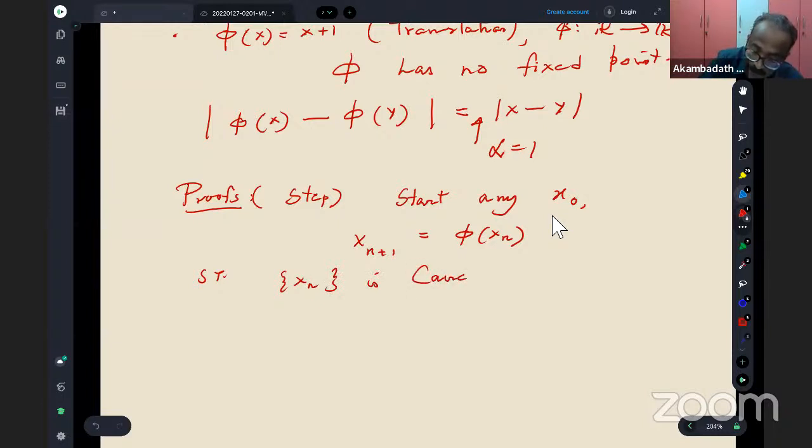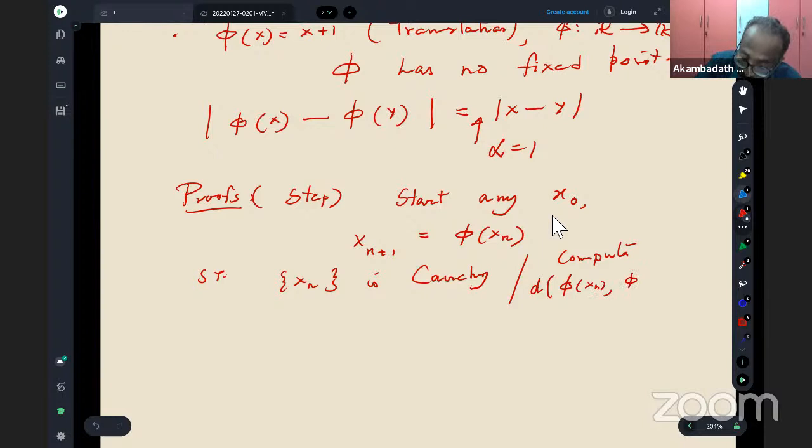That's all you have to do, and it's not difficult to show. To show that x n is Cauchy, you have to compute the distances.